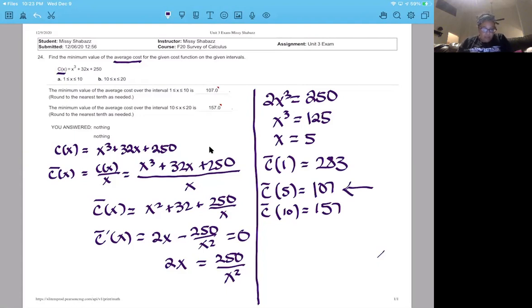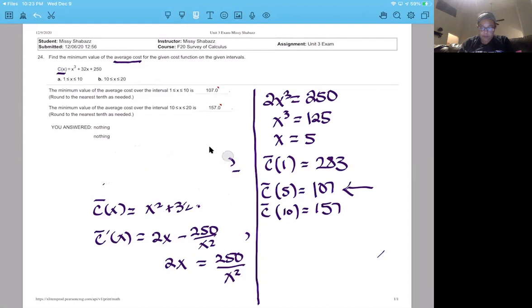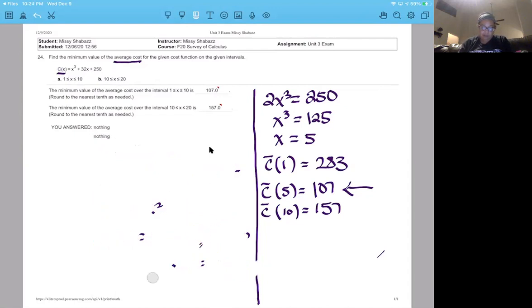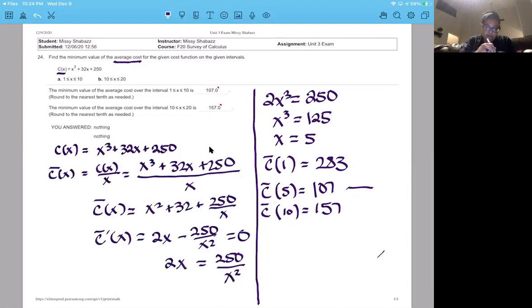All right, now part B, I guess it doesn't have parts, but it asks for the minimum value of the average cost over the interval 10 to 20. So now my critical point isn't in that interval. So, oh man, I just erased my function. There we go.